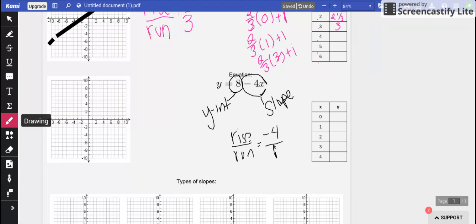So when I go to graph, I know that I'm going to start at my y-intercept of 8, and then I'm going to do a rise of negative 4. So it's not really a rise, it's a decrease of 4, and then a run of 1. So it's almost like I'm going down the stairs this time.